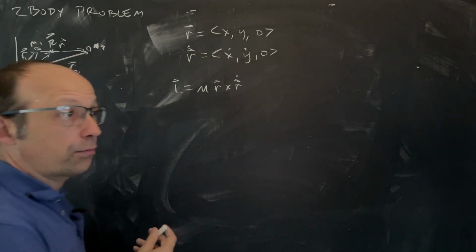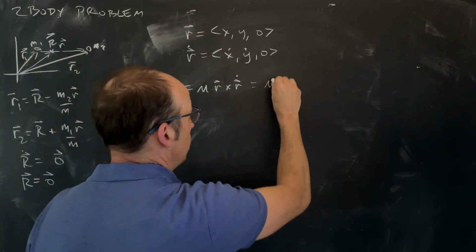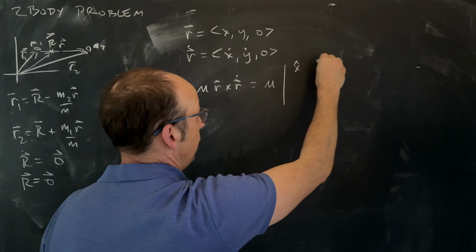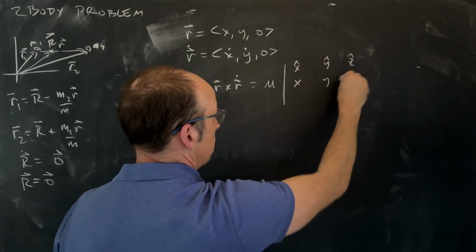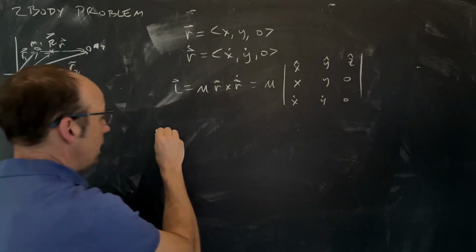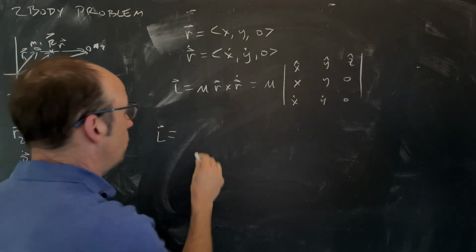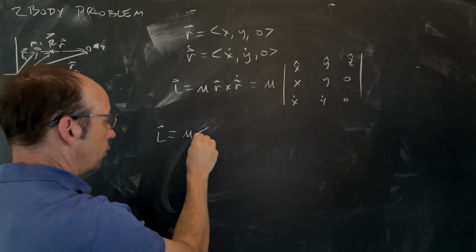Now, how do you do the cross product? Well, in Cartesian coordinates, we can use the determinant. So it's going to be mu times the determinant of x hat, y hat, z hat; x, y, 0; x dot, y dot, 0. If I take that determinant, L is equal to mu times, and let's just write this as a 3D vector.